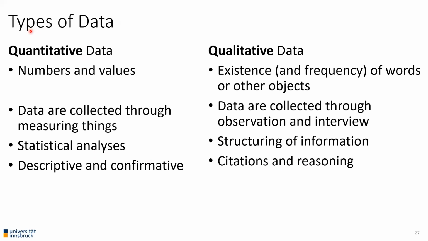And the thing with case study research is that we value both data to the same extent. So we don't have a clear focus on quantitative or qualitative data. In software engineering, I mean, there are other disciplines where the focus is more towards qualitative data, I would say, but in software engineering, it's really both.